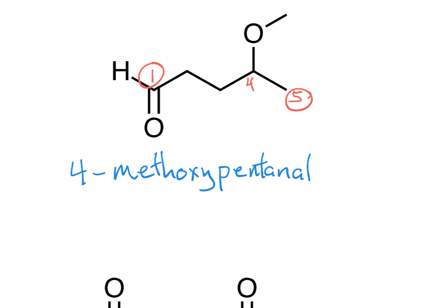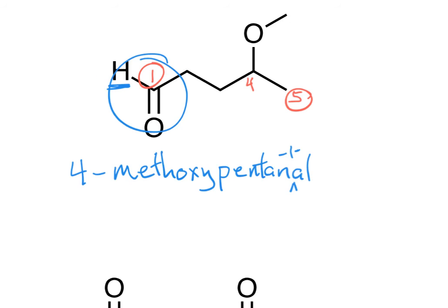Now I could also overtly include a 1 here in between the pentane and the aldehyde, but aldehydes are kind of a special functional group. They are typically the beginning of the parent chain, and because there's only just hydrogen on the one side, they have to be located on carbon number 1. Now, it could be that they get combined with a much higher priority functional group, and in that case, you would want to put in the number. But here, I can kind of get away without putting the number.